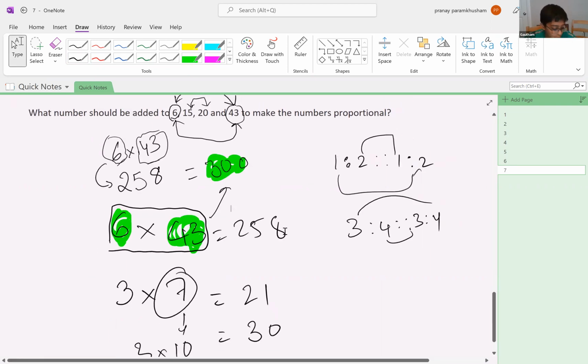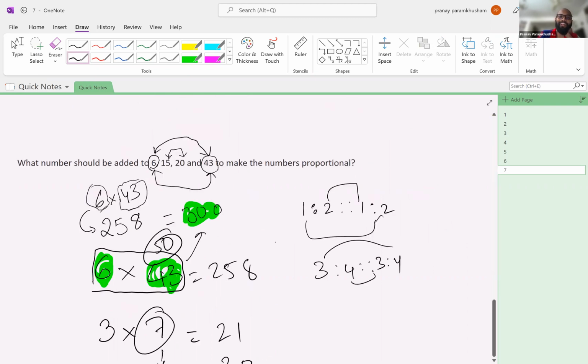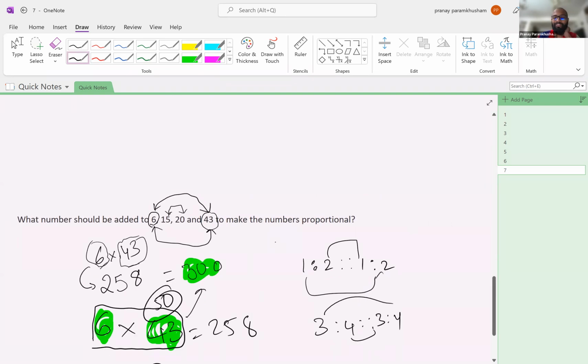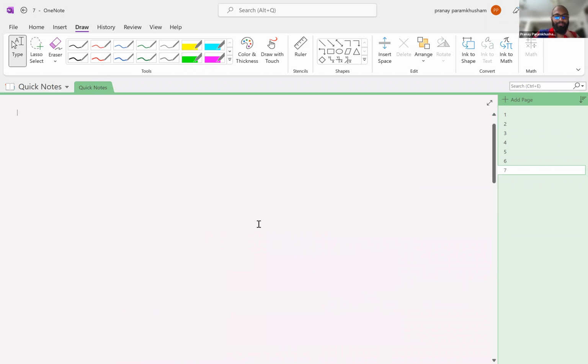Actually, you want to change 43 to 50? Yes, that's it. That is what they're asking you. So how much you're going to add? He's asking what should be added. How much is he going to add? 42. No, you're going to add 7 to 43. Okay. All right. Yes, you got it. Fine.